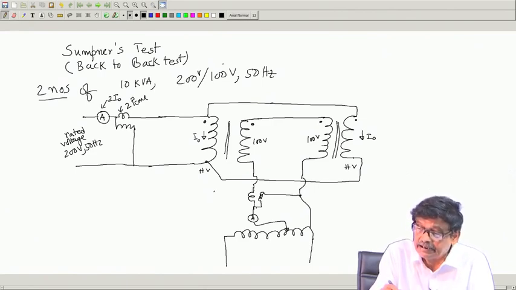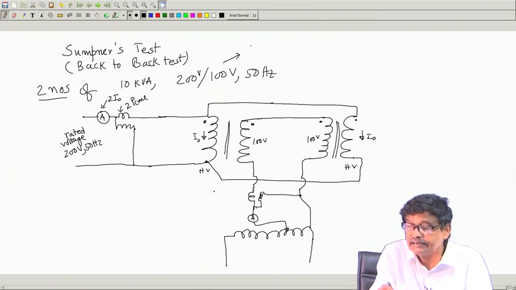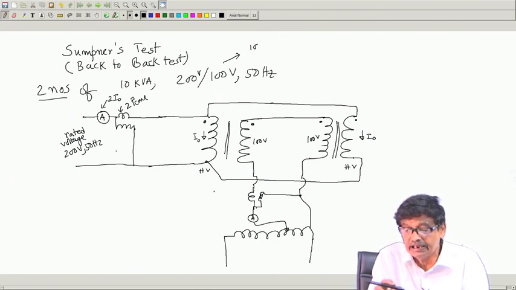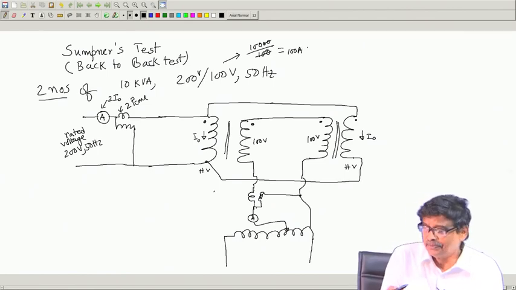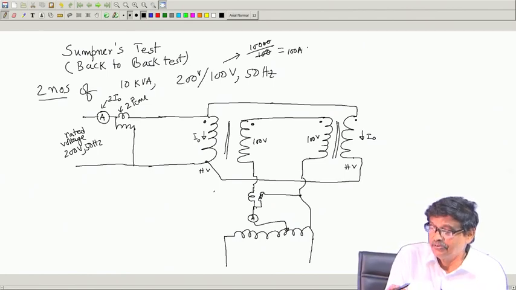What is the rated current of this side? Given the transformer rating, immediately calculate rated currents, that is always important, 10,000 by 100, is it not? 100 ampere is the rated current of the LV side. Perhaps the test would have been better if we had energized the 100 volt side current.